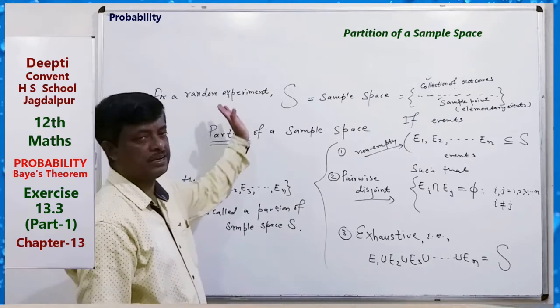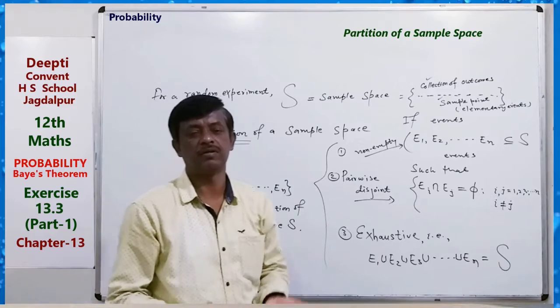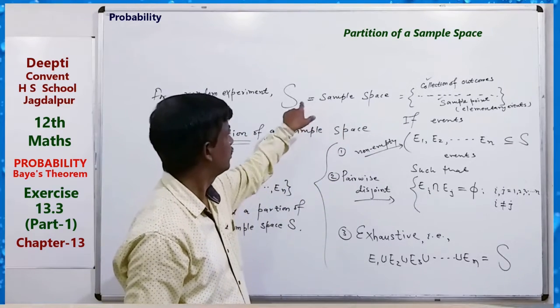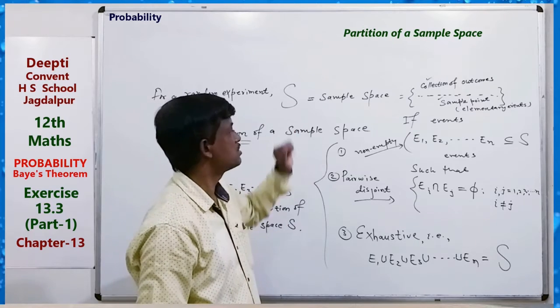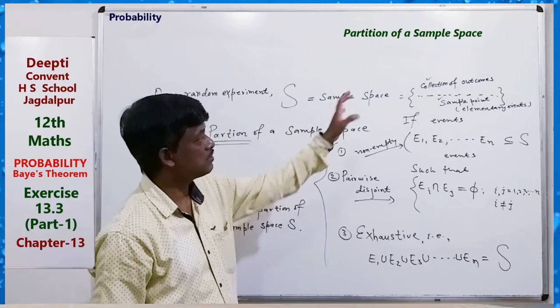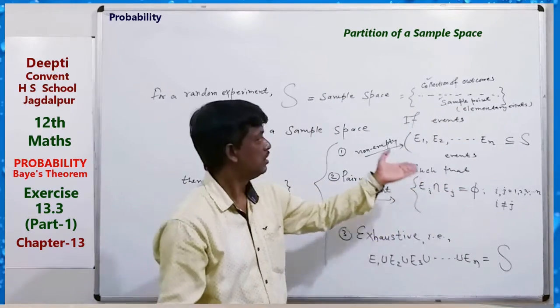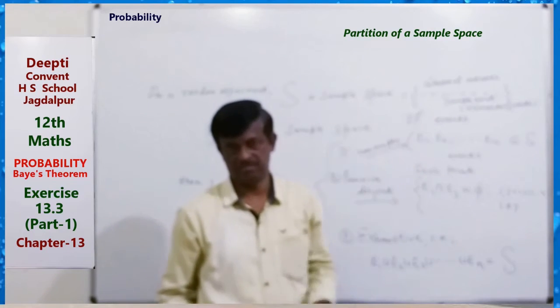For any experiment, for any observations, we can get some outcomes. The collection of outcomes kept in a set is called the sample space, and all the elements are called sample points or elementary events, and any subset of this S is an event.